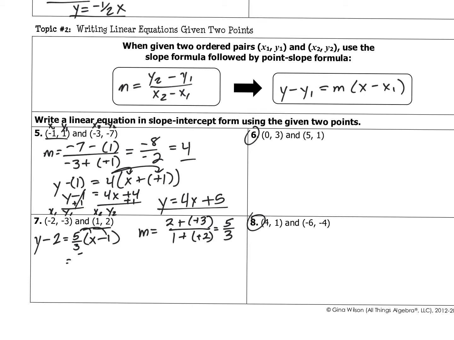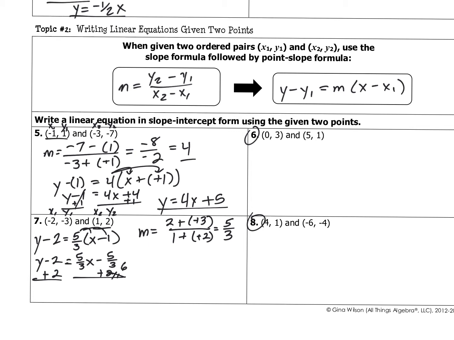Distribute, and you get 5/3 x minus 5/3. Oh, that's lovely. And then y minus 2. And I need to add 2 to both sides. And so I need to convert this 2 to thirds. So 2 over 1, have to multiply the denominator and the numerator by 3.